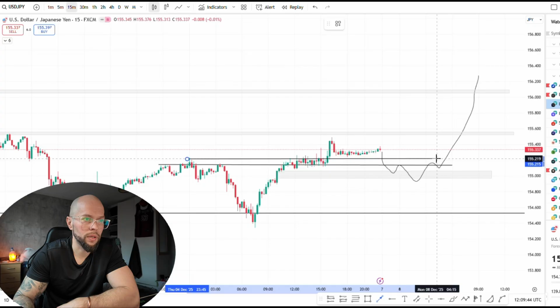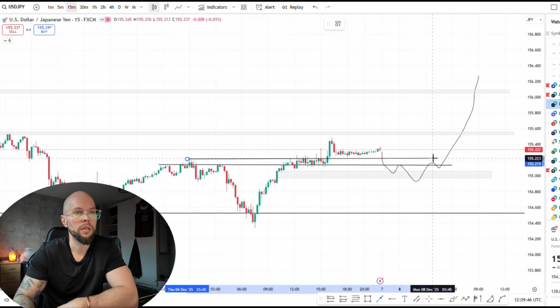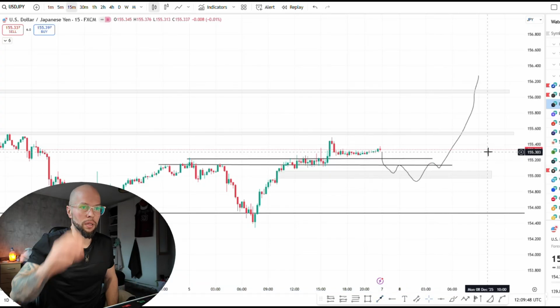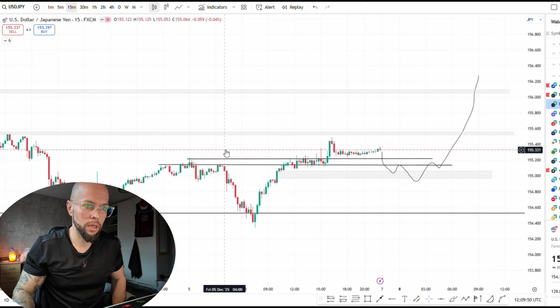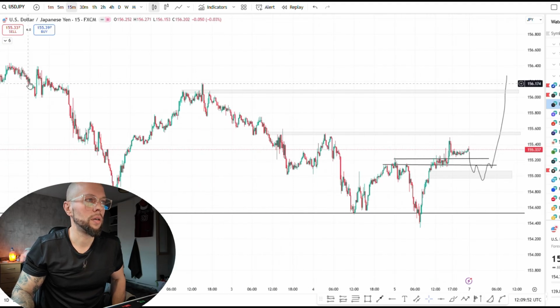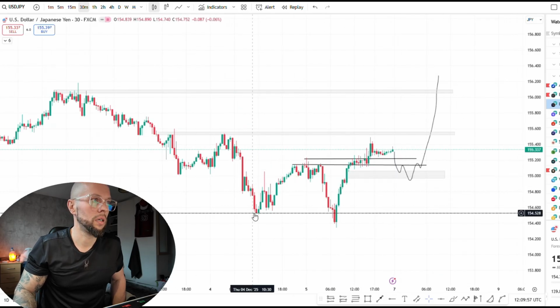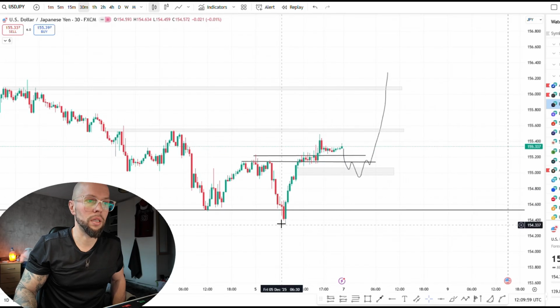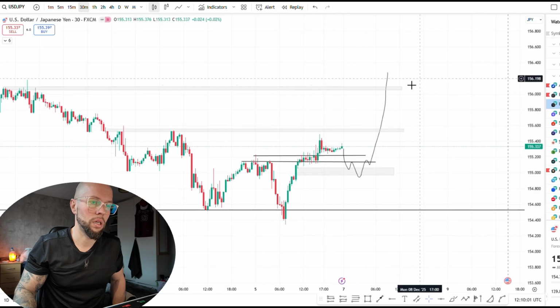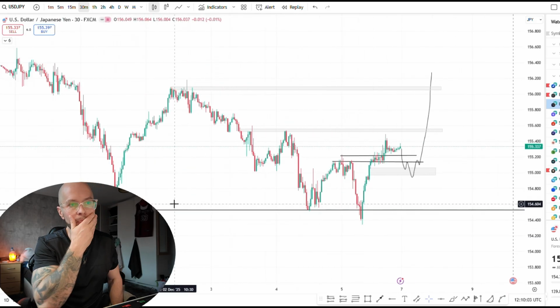I don't know if I would do anything with this trade. So this is our current setup for USD yen to the upside.